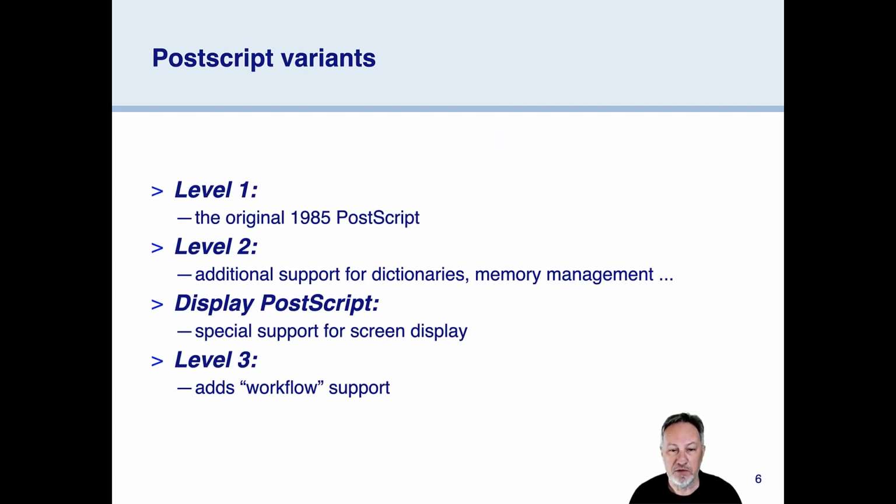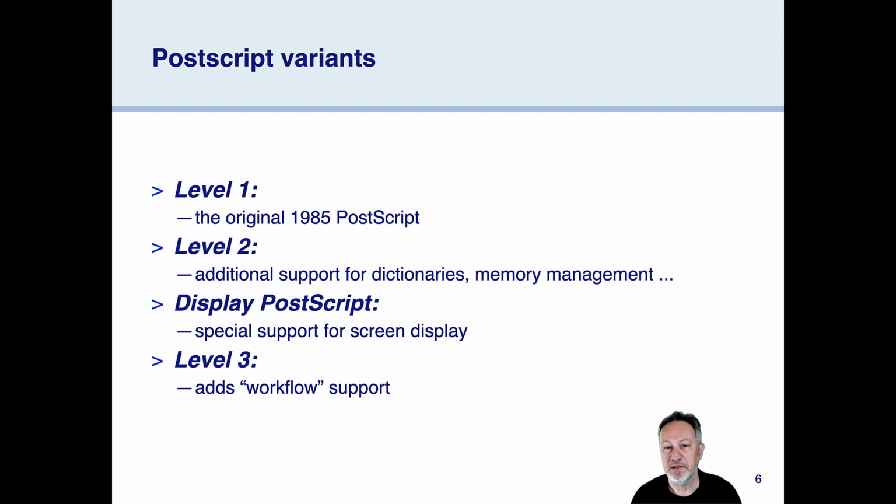The language has gone through several evolutions. The original language, the level 1 version of the language, was proposed in 1985. Then additional support for dictionaries and memory management came. Interestingly, in the late 1980s, display PostScript was introduced.